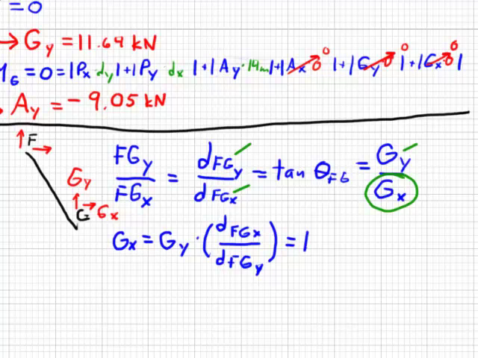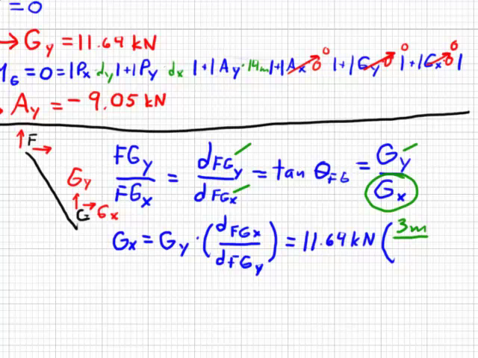Actually, this will affect our result. So Gy is 11.64 kilonewtons. The distance from F to G in the x direction is 3 meters. So how far to the right do you go from F to G? 3 meters. Divided by the distance from F to G in the y direction. Note this carefully.